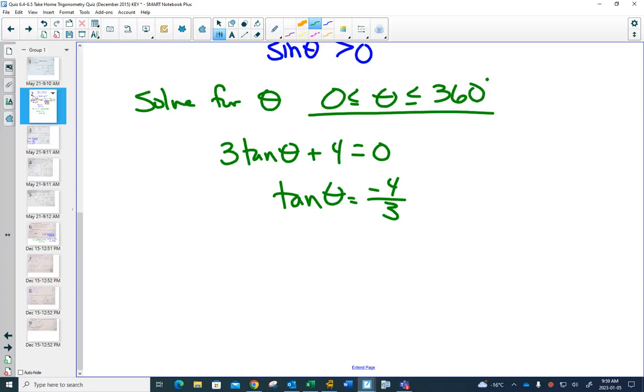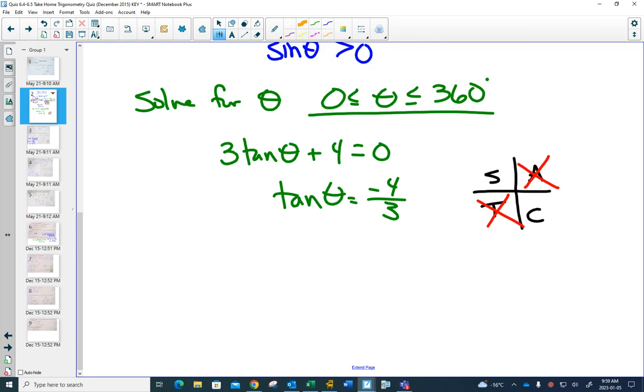What does this mean? Well, SOHCAHTOA, tan is part of a triangle, but since tan is negative, our cast rule tells us that it's not in quadrant 1 and not in quadrant 3, because that's where tan is positive.